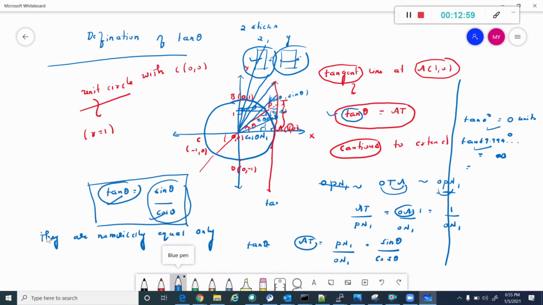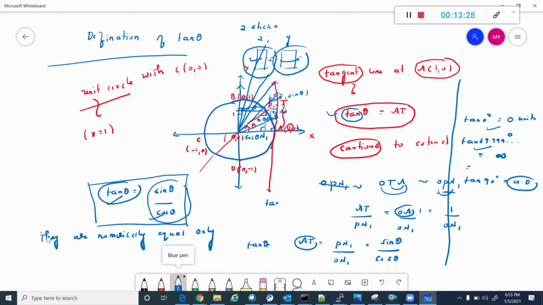And also we discussed tan 90 degrees. That is undefined. If you extend this, it will never meet this line, since both are parallel to each other. There is no scope they will meet. Since they don't meet, that is undefined. If they meet, we can say whether that is zero or some quantity or infinity.